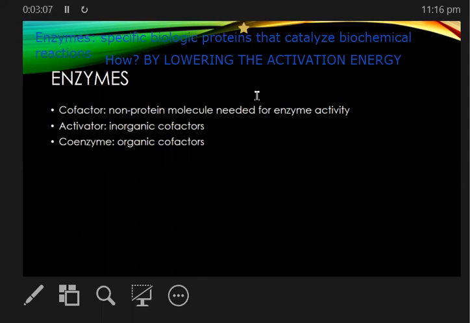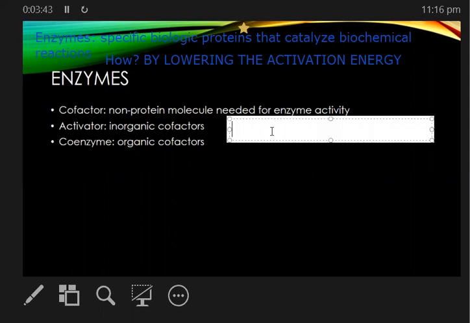Another basic knowledge that you have to know about your enzymes would be the different factors that influence enzymatic reactions. First, of course, we have your first order kinetics, and then the other one is your zero order kinetics. Let me just write it here.